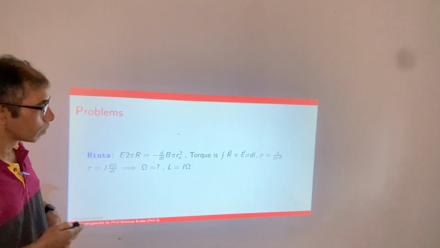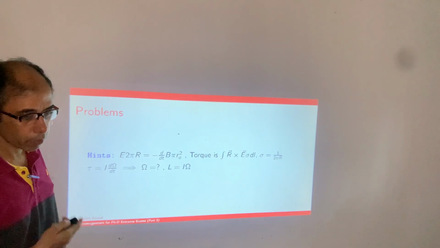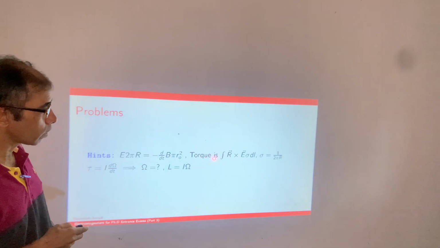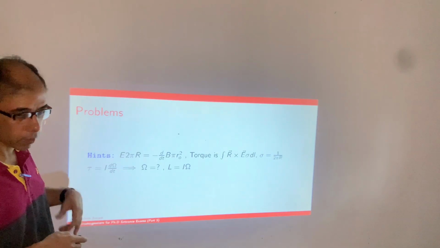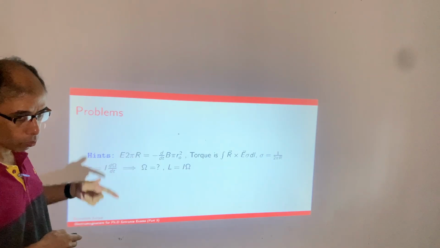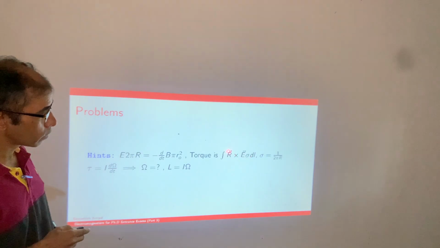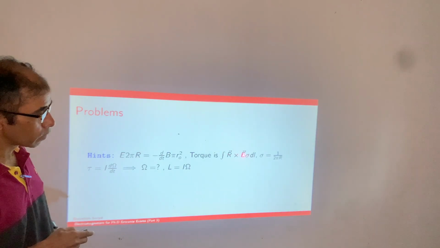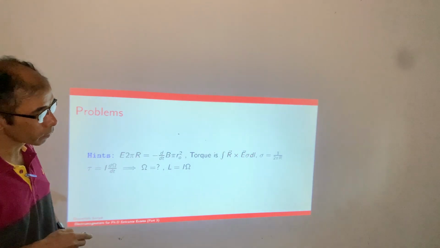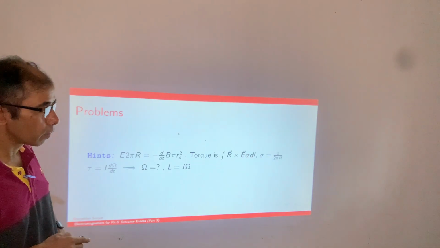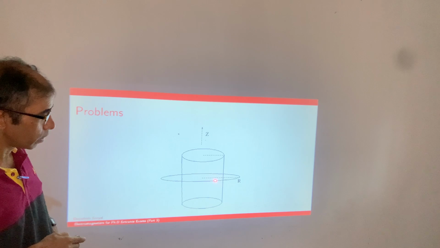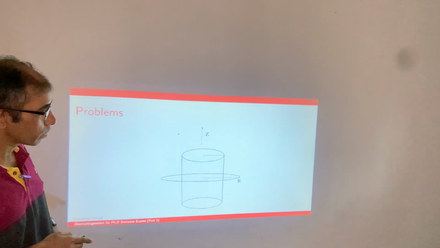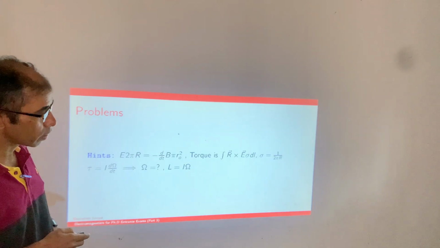Now you have to calculate the angular momentum, that is, you have to calculate the torque. What is the torque? Torque is equal to R cross F, and this is a loop of radius R. What is F here? If you take an infinitesimal length dl here, what is the total charge?